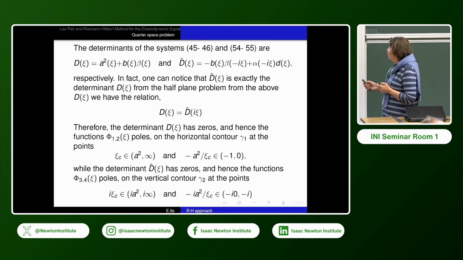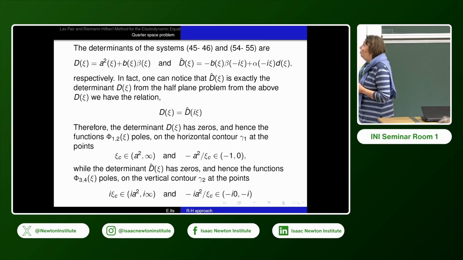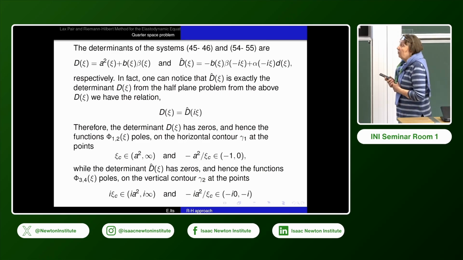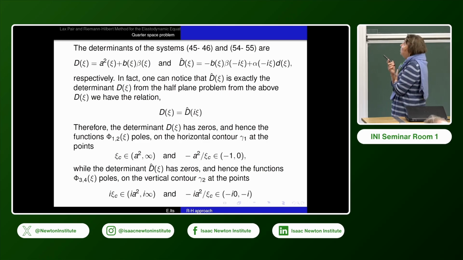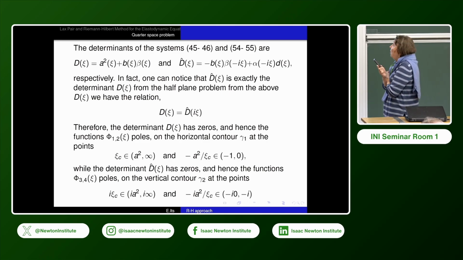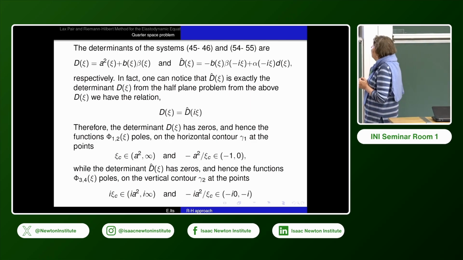Moreover, when we look at the determinants of these two new systems, we see that one of those determinants is exactly the same determinant we were using in one of our test half-plane models, and the second could be related to that determinant by the following condition.